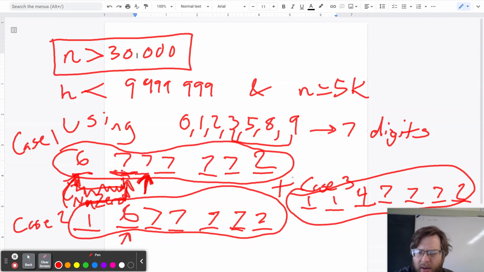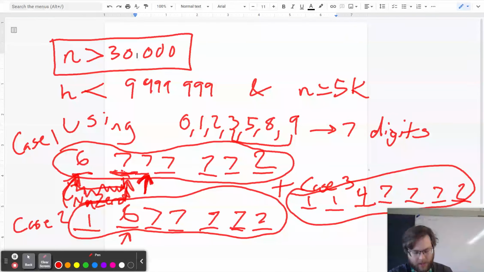So again, sorry, I was thinking through trying to see if there's an easier way to do it. I think you have to break it into 3 cases. Maybe you don't. There might be a better way. But case 1 is saying the first digit's non-zero because that's going to guarantee that it's bigger than 30,000. And then the second case is, okay, the second digit is non-zero, so that'll still be bigger than 30,000. Then the third case is that the first 2 digits are 0, and the third digit has to be bigger.